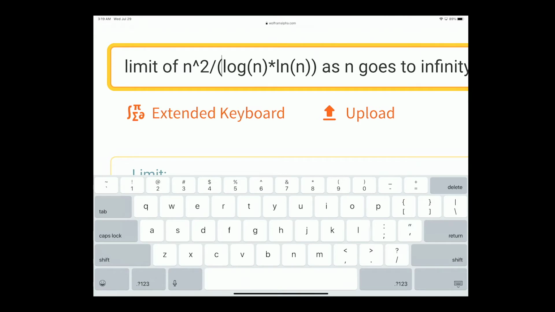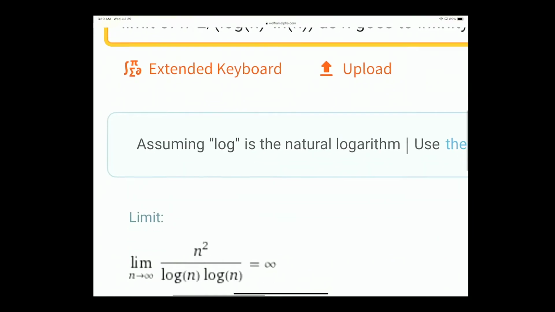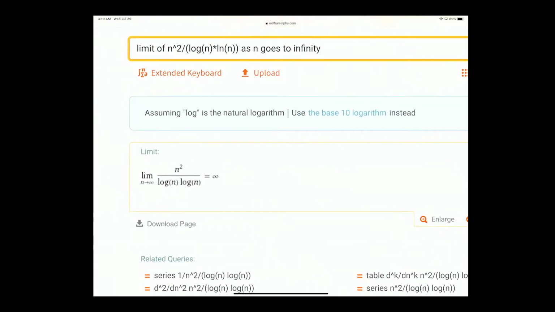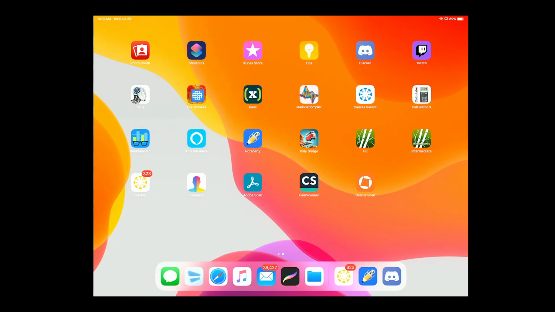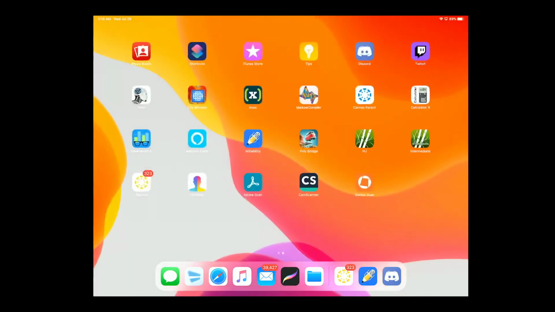So what's going to happen here? n squared on top, log n on the bottom. Well, the logs are smaller, right? So n squared's bigger, so this should be infinity. Yeah, see? Infinity. All right? So using these kinds of things will really help you, again, save some time here.